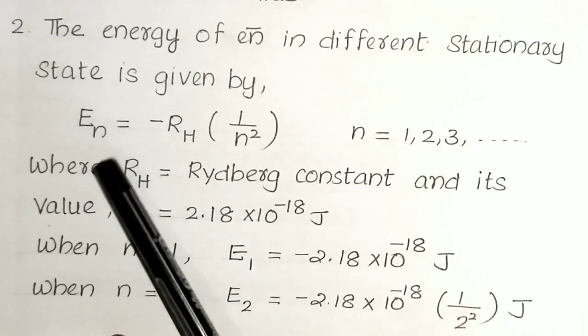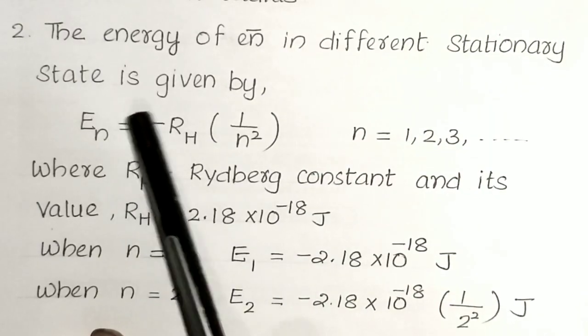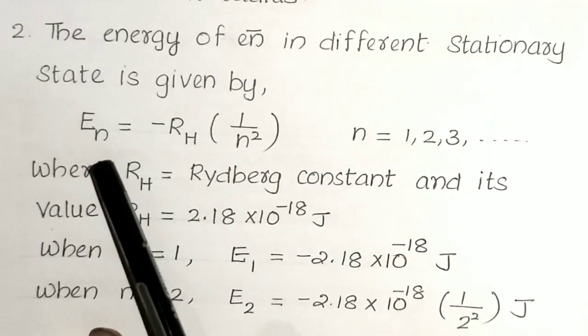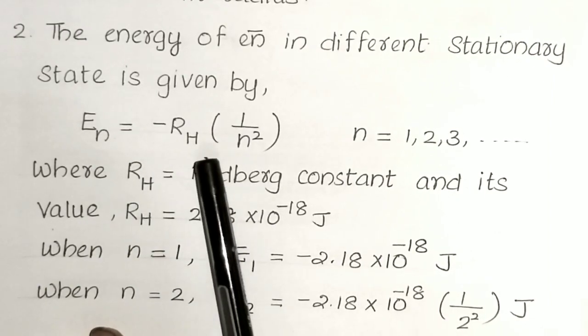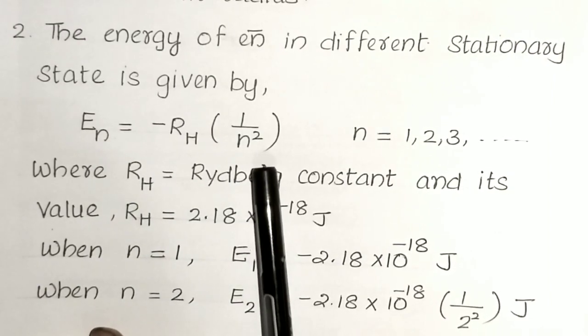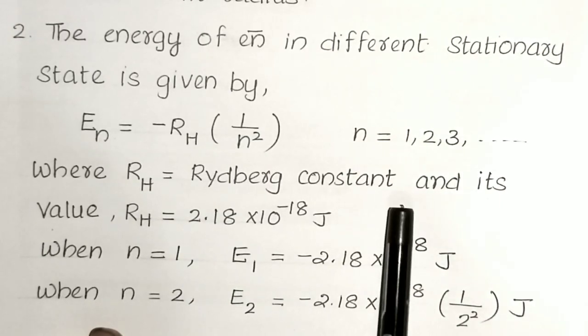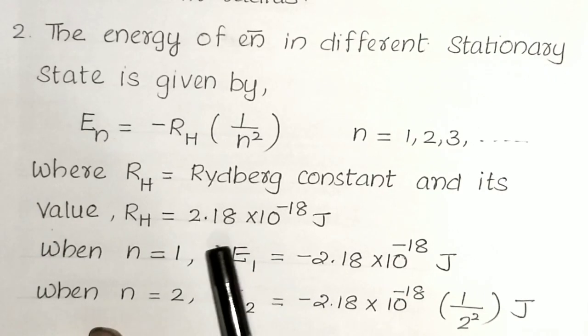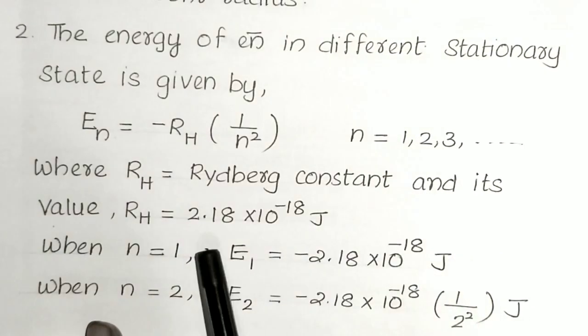Then the next merit is the energy of an electron in different stationary states can be calculated by the equation En is equal to minus RH into 1 by n square, where RH is known as the Rydberg constant and its value is 2.18 into 10 raised to minus 18 joules.